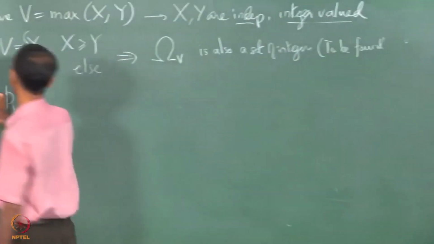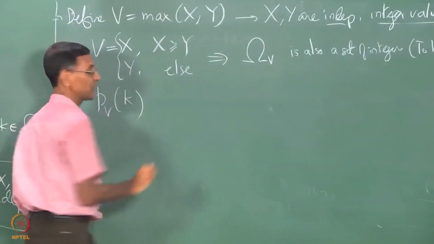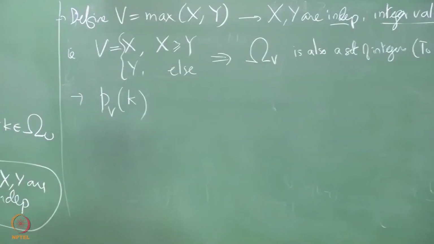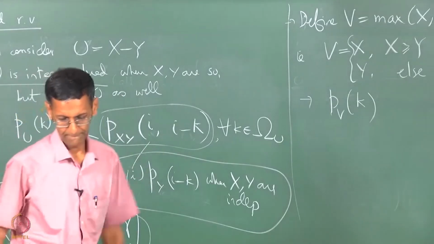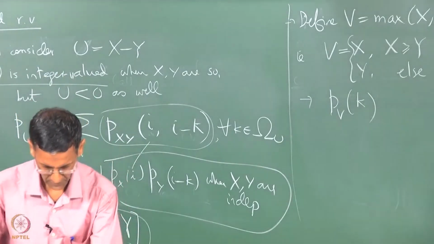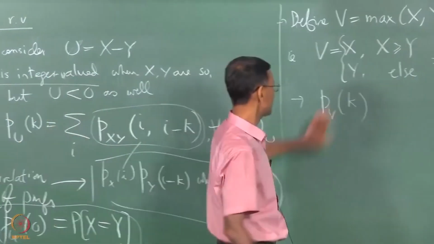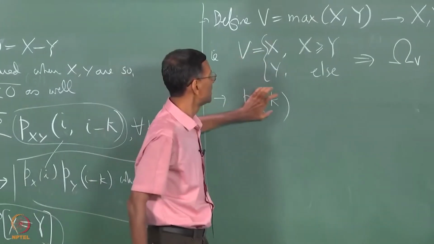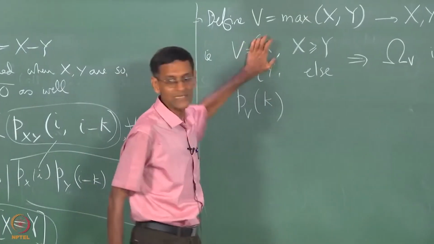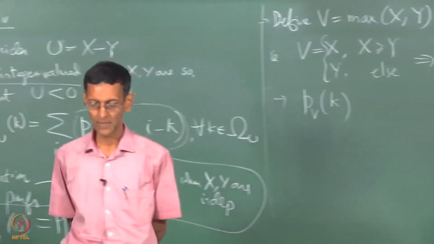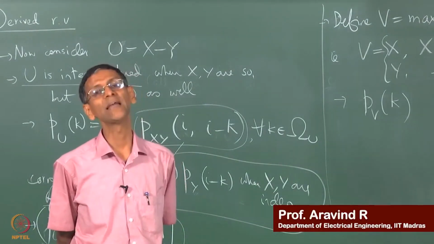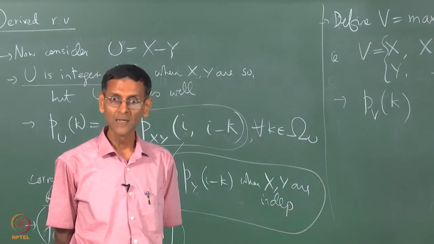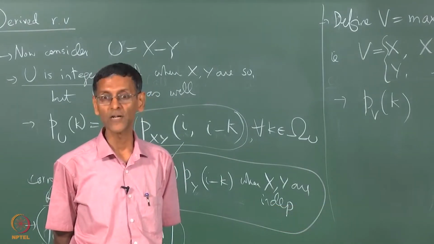Now I just want to write an expression for P_V of k, for the integer valued case. So what is P_V of k? You get k when x takes the value k, then y must be at most k. Or y can be k and x can be smaller than k, but you shouldn't count anything twice.